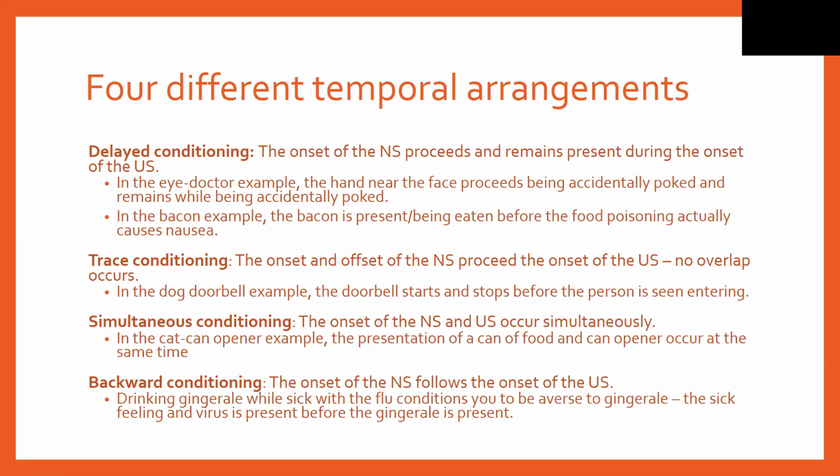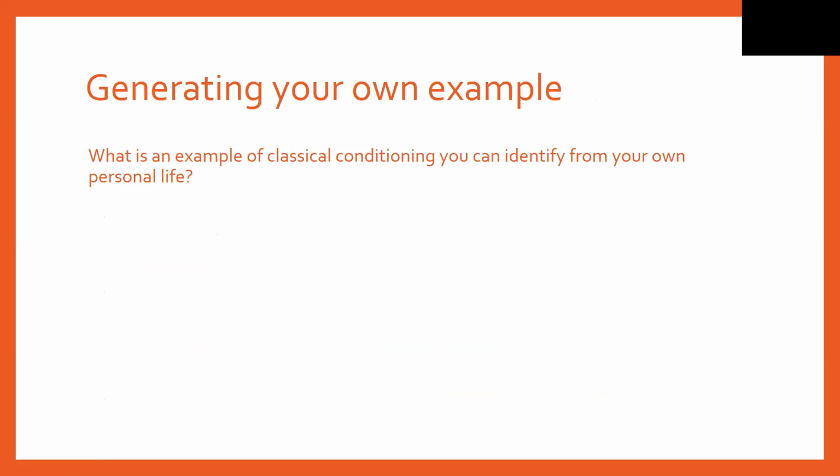Now we want to start thinking of your own examples. I pulled most of these examples from my personal life, all of them. I'm very flinchy around my eyes. My dog barks at the doorbell. I can't stand the taste of ginger ale because I associate it with being sick. All these are examples from my life, and I'd like you to try to think of one from your life.